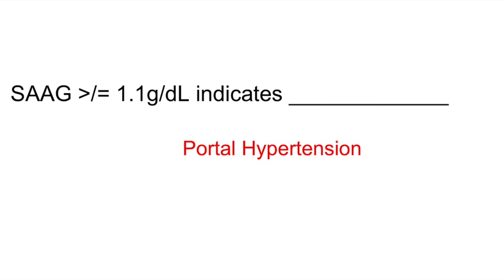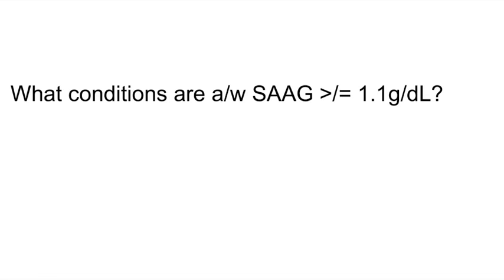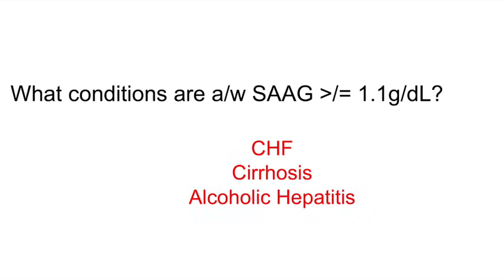What conditions are associated with SAAG greater than 1.1? Congestive heart failure, cirrhosis, alcoholic hepatitis.